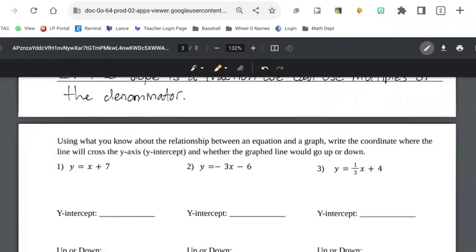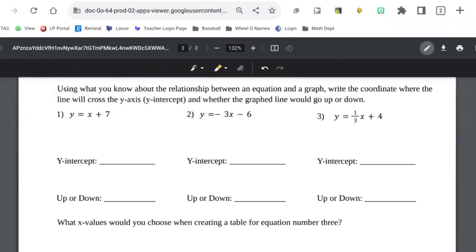Okay, last part of our notes. Using what you know about the relationship between an equation and a graph, write the coordinate where the line will cross the y-axis, which is our y-intercept. So remember, it's 0, comma, b. And whether the graphed line would go up or down, positive or negative.